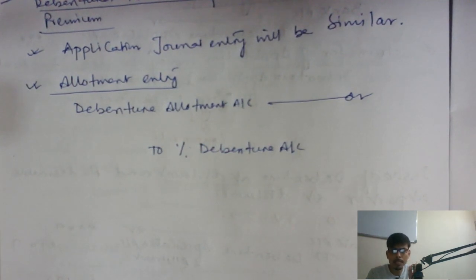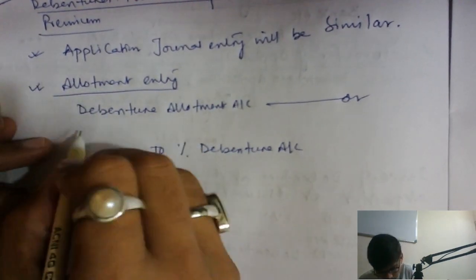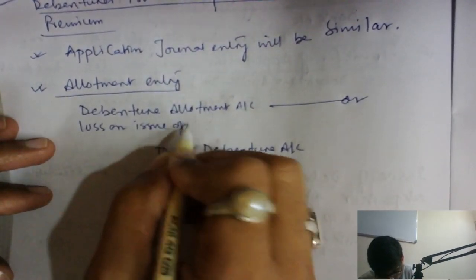So the simple thing is that we have to adjust the debenture premium at the time of issue. See, this debenture premium is nothing but my expense, a future expense, correct? But we should book the expense today itself because it's a precondition that exists at the time of debenture issue. So what are we going to write, sir? Loss on issue of debenture.